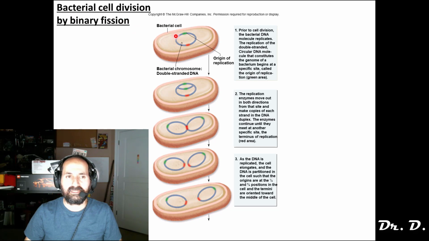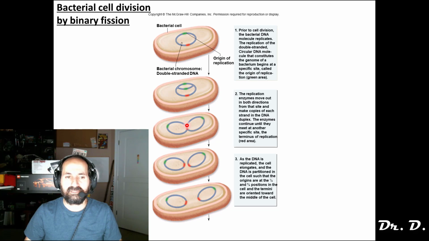Now, what happens during binary fission? Well, the first thing that happens is on one particular spot along that circle, called the origin of replication, the DNA starts to get copied. And it gets copied in both directions at the same time. You see what's happening here? DNA is being copied toward the left and toward the right at the same time. That copying continues in both directions until the copies run into one another.